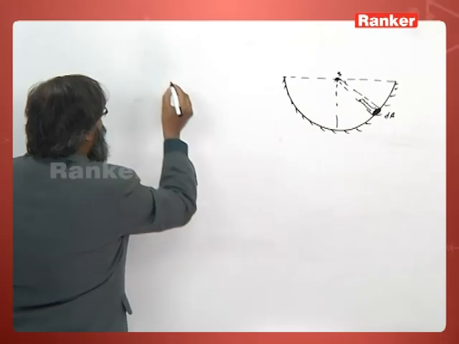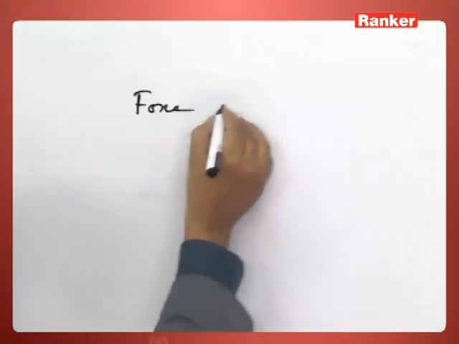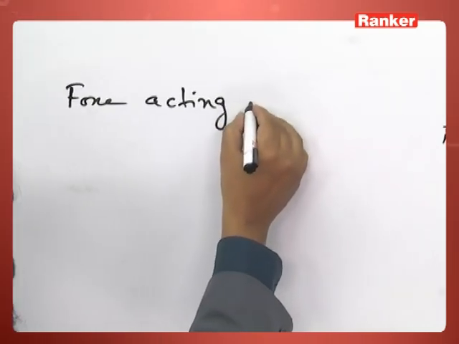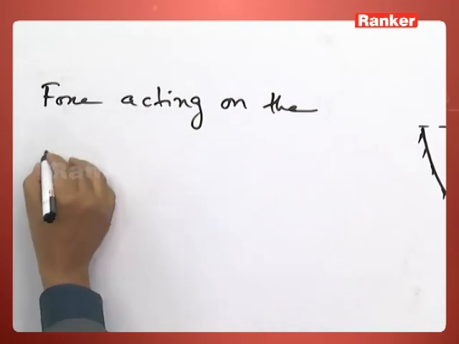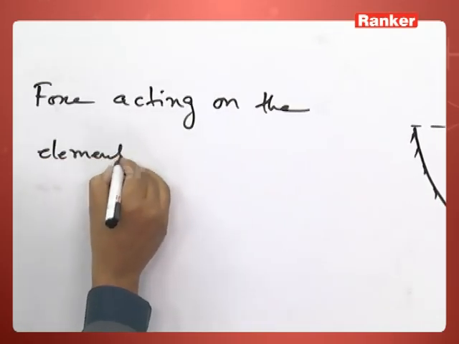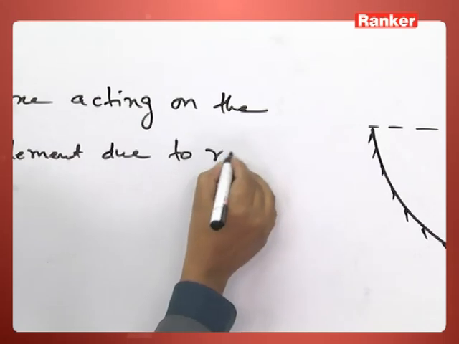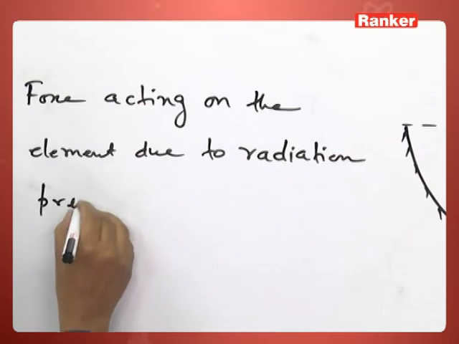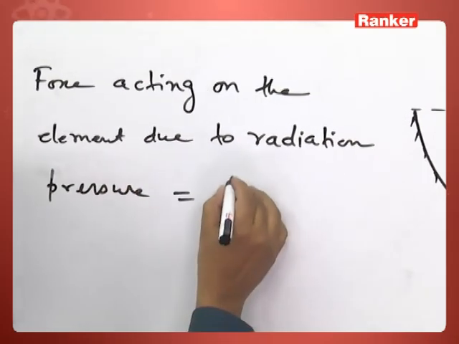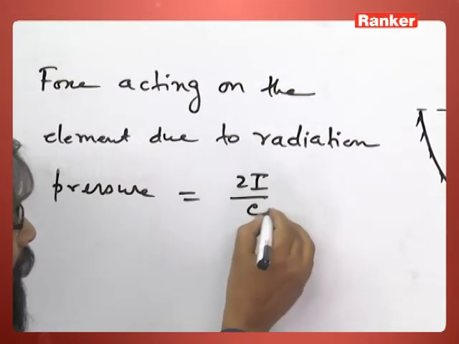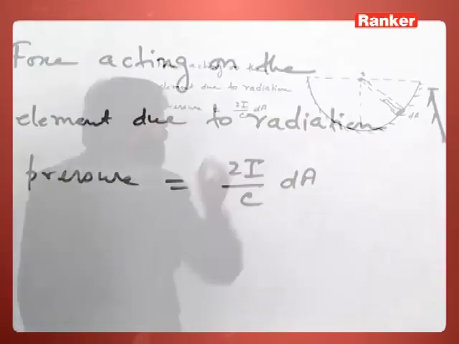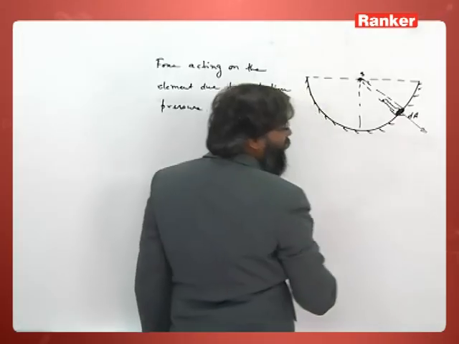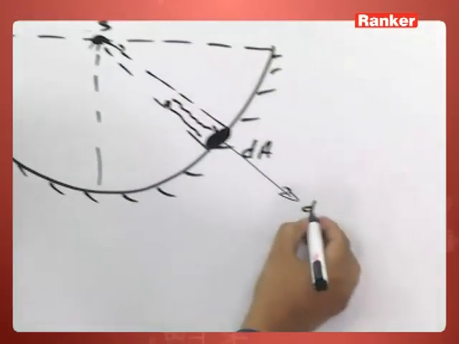So the force acting on the element due to radiation pressure is equal to 2I by C into dA. The force is along this direction. This is the direction of force.